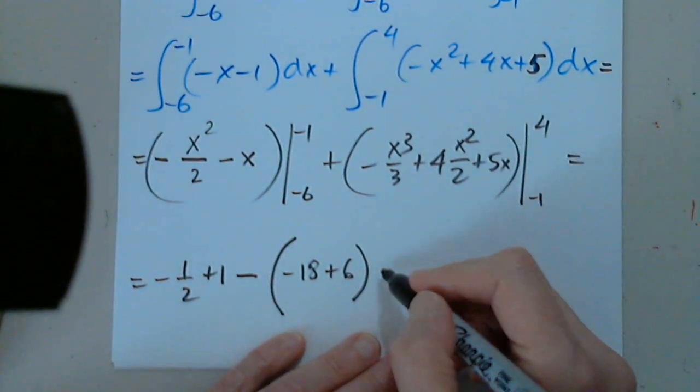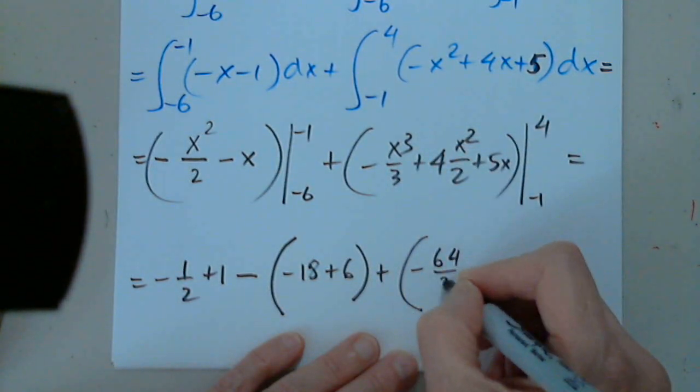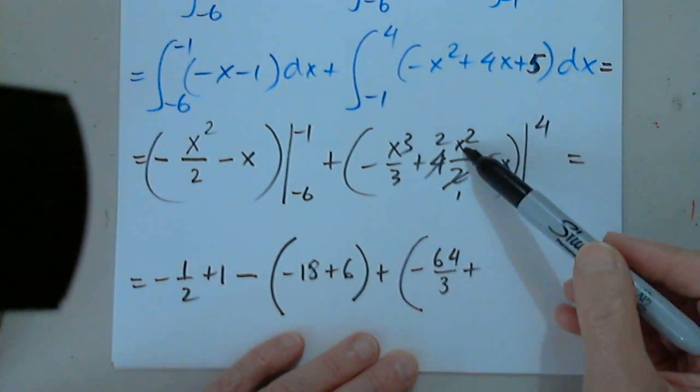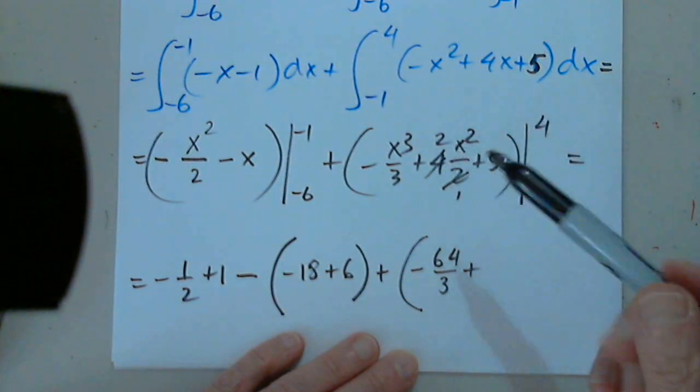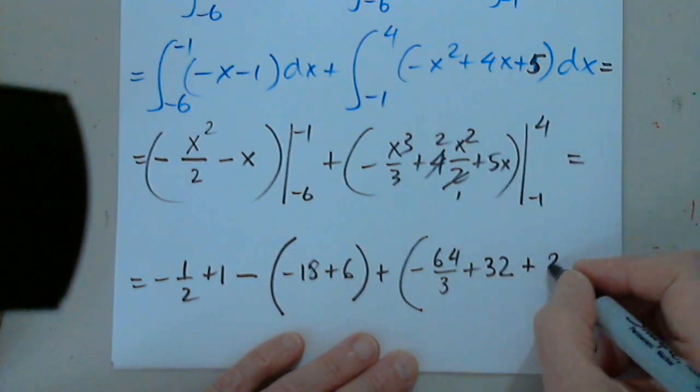Now I'm here, plus. I plug in 4, -64 over 3, plus 16 times 2, 32, plus 20.